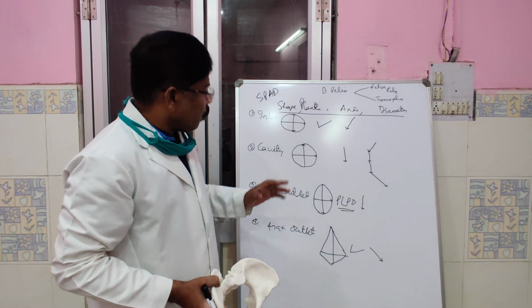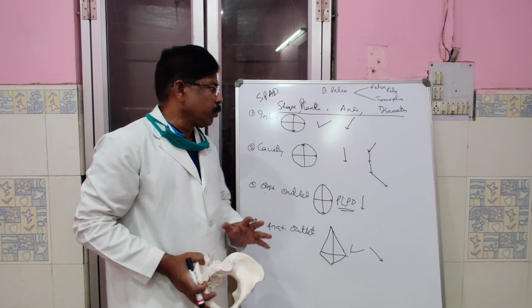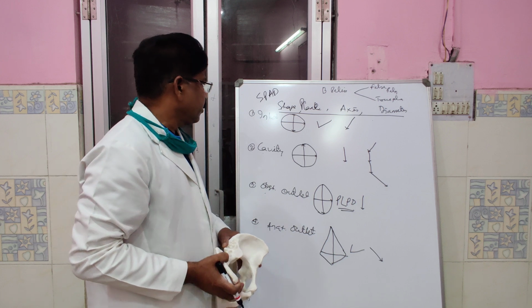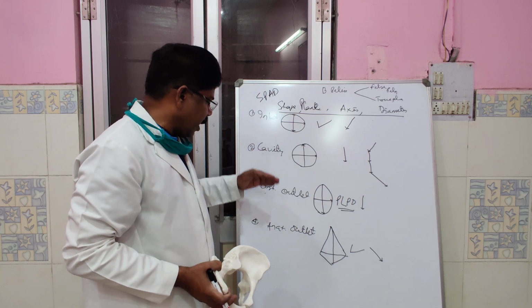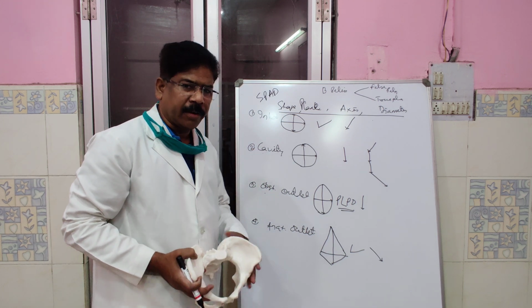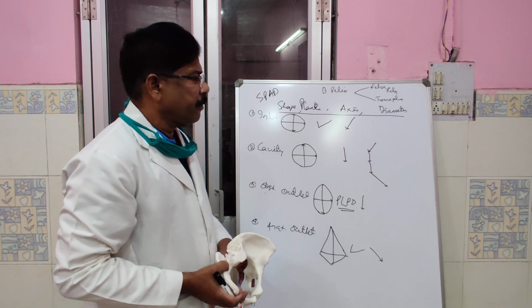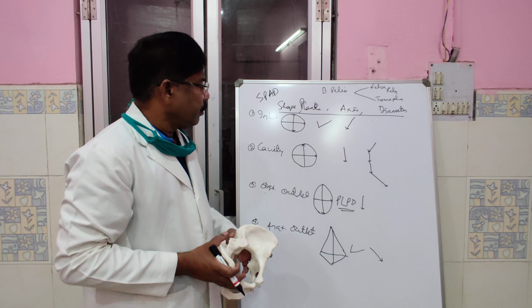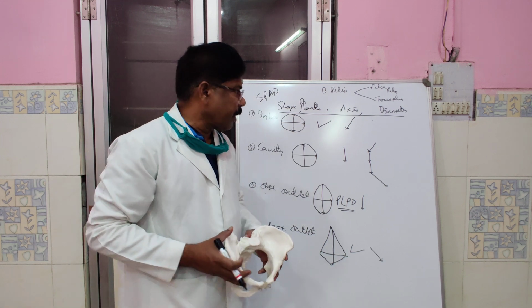The most important thing which the undergraduate should know are the different diameters you come across as far as inlet, cavity, and outlet, both the obstetrical and anatomical outlets, are concerned. So how to remember the different diameters at the different levels? Let us discuss the diameters.